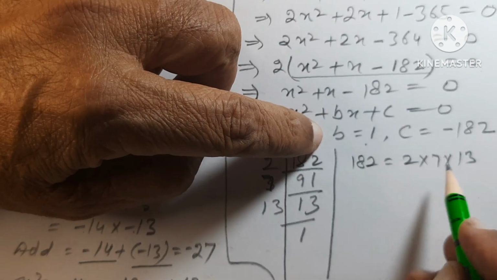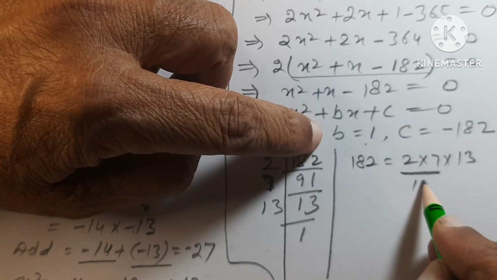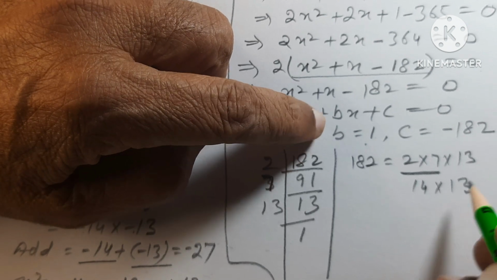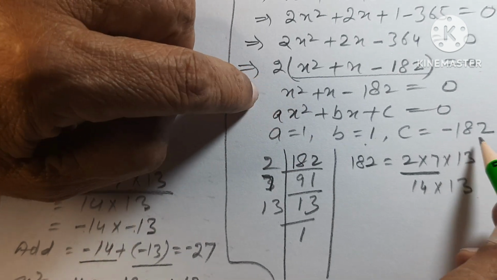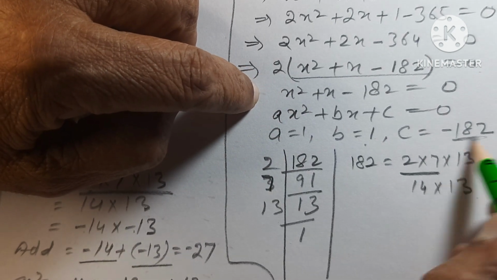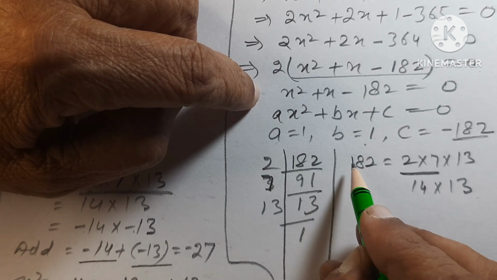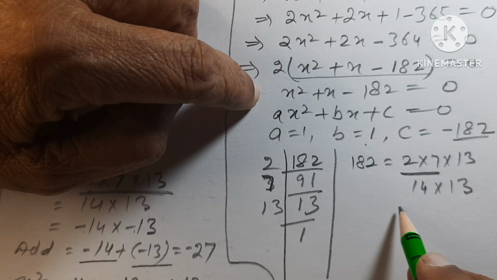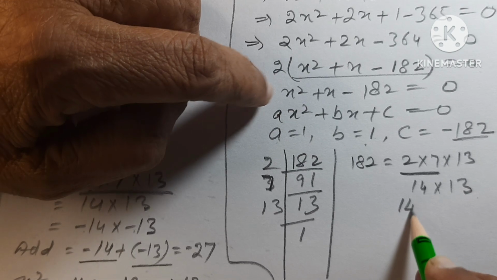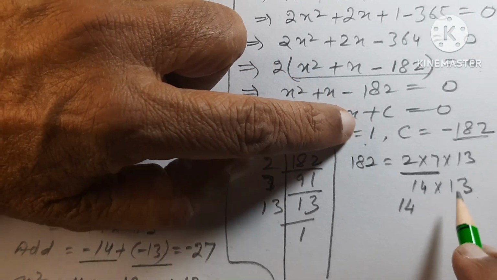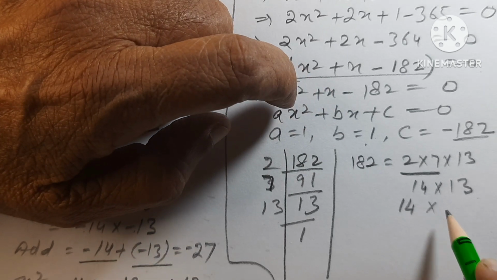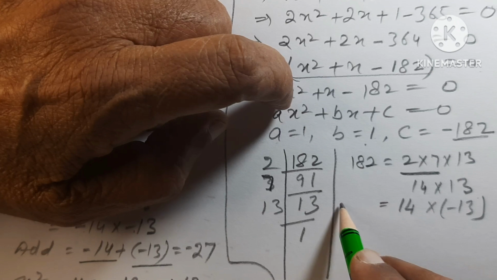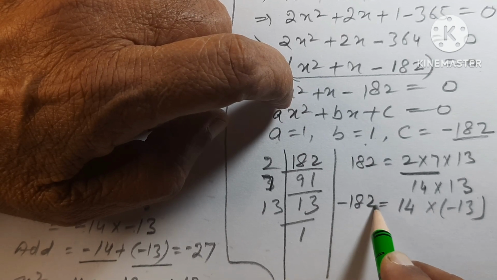B I want 1. So I'll make one group of 14 and another group of 13. But I want minus. Either this is minus or this is minus. I will keep 14 as plus because b is 1 and into minus 13, which is equal to minus 182.